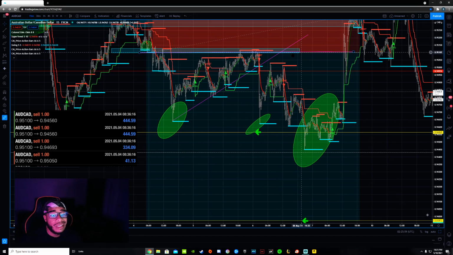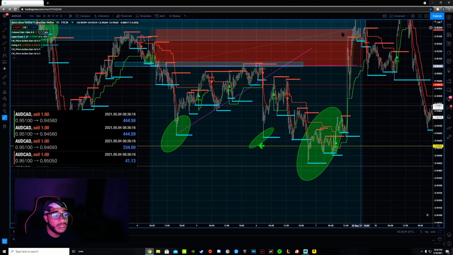So what I did, I set my stop loss, which was originally all the way up here, to right here. So if price did come up, which it did, I would close out and I wouldn't lose any money. As you can see, I still made $41. It was kind of like a risk-free safety net at that point.